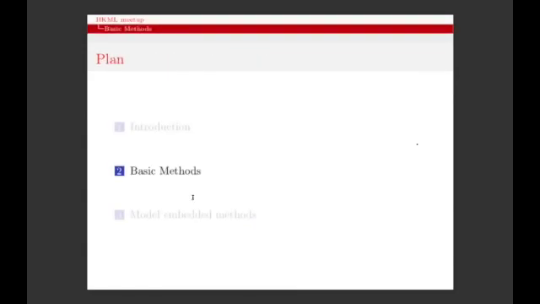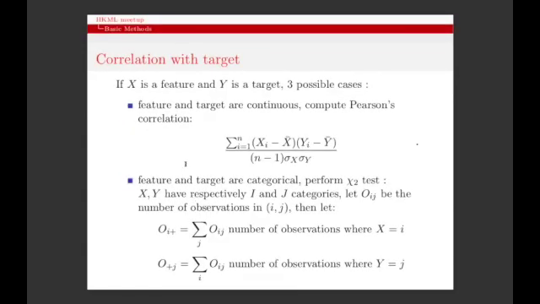So we start with some basic methods. The most obvious method when you tackle such a task would be to look at the correlation of the features with the target variable. Here there are three possible cases.